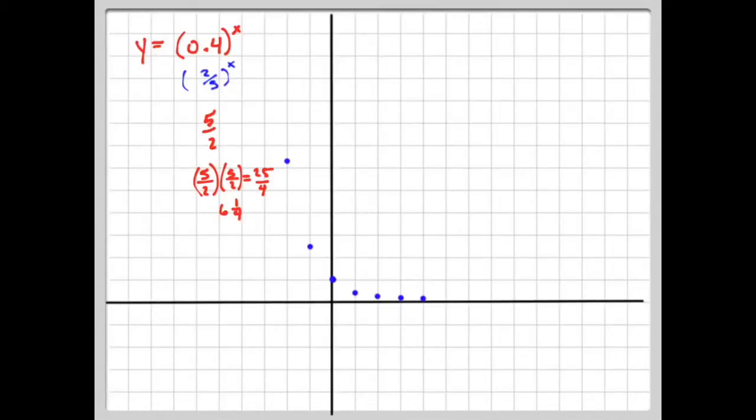The next point would be 125/8, which is a little larger, I think, than we have room for on the graph. 125/8 is equal to 15 5/8. We don't quite have that room on our graph. So we know it's going to be way up there. It's just kind of a guideline for our graph.